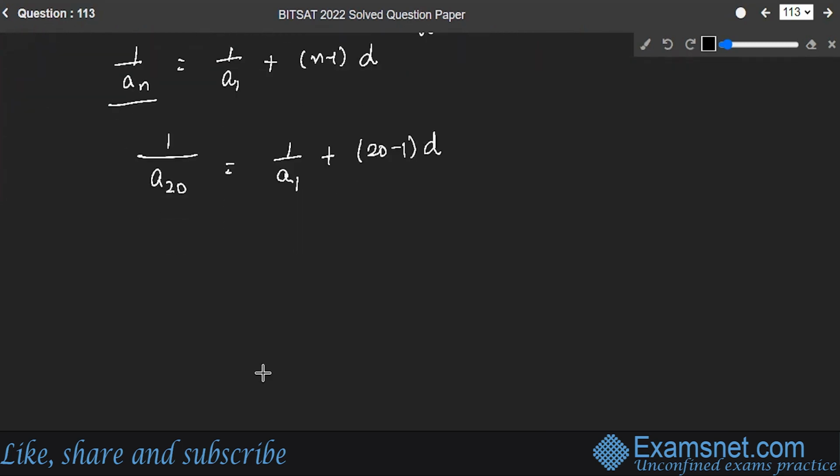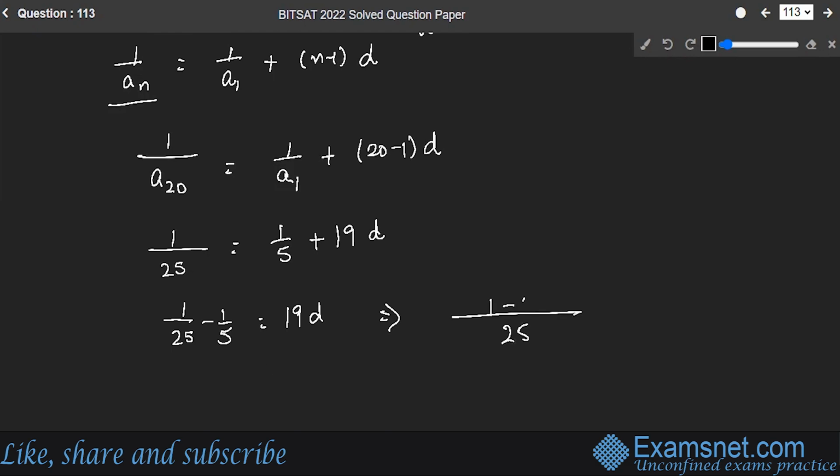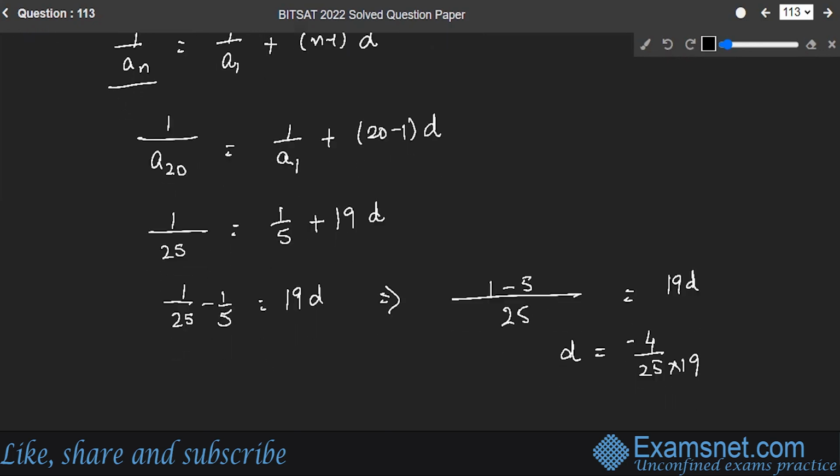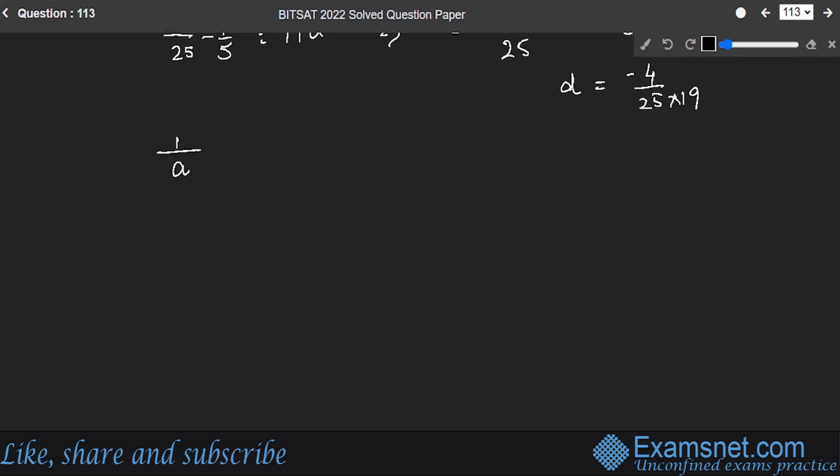So 1 upon 25 is equal to 1 upon 5 plus 19d, or you have 1 upon 25 minus 1 upon 5 is equal to 19d, or d will be equal to minus 4 upon 25 into 19.